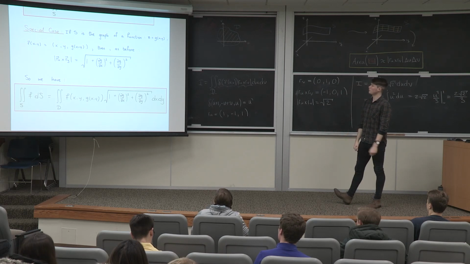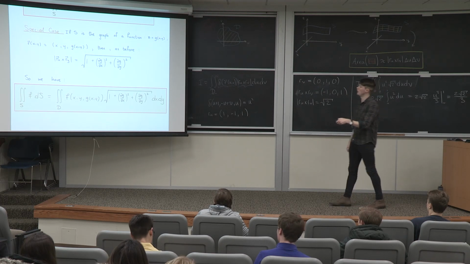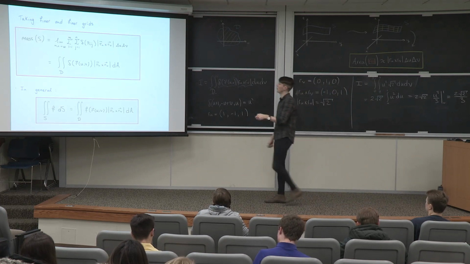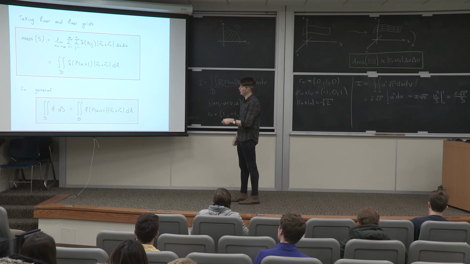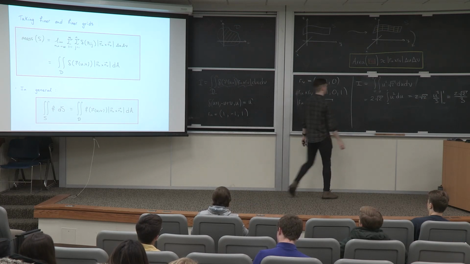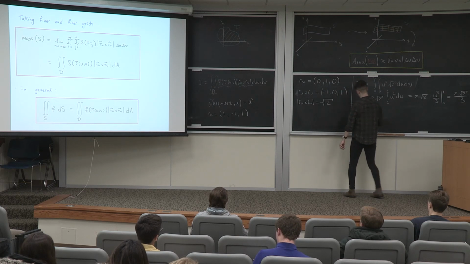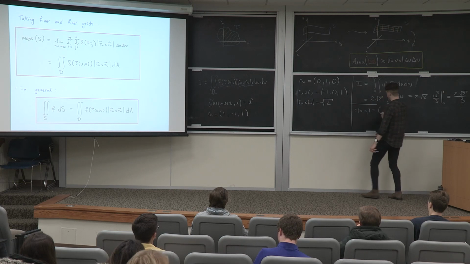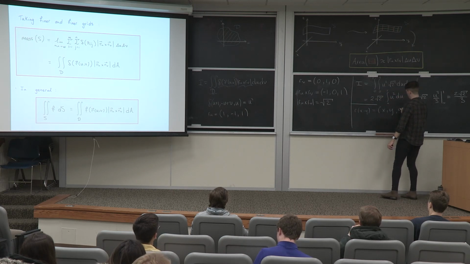So, if you were to go through this formula with the knowledge that, for a graph of a function, the parameterization is r of x, y equals x, y, g of x, y. And why is that?